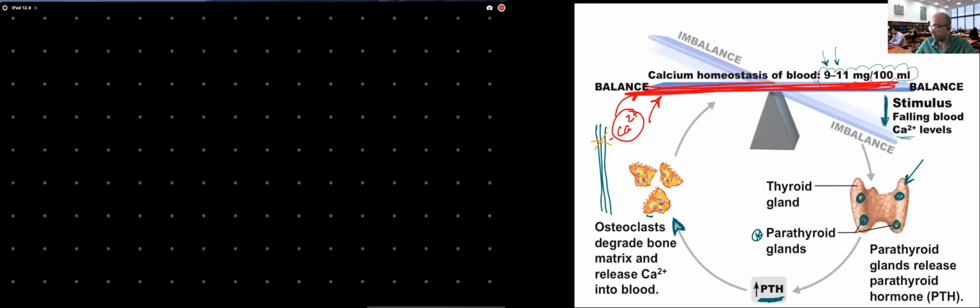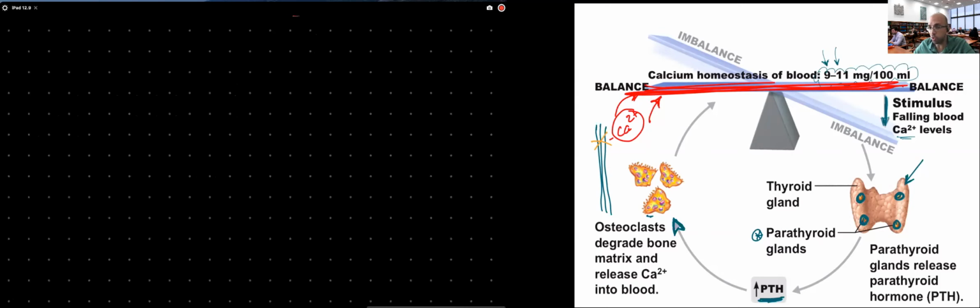All right, questions? So again, what is the hormone responsible for the activation of the osteoclasts for them to degrade the bone matrix and release the calcium?